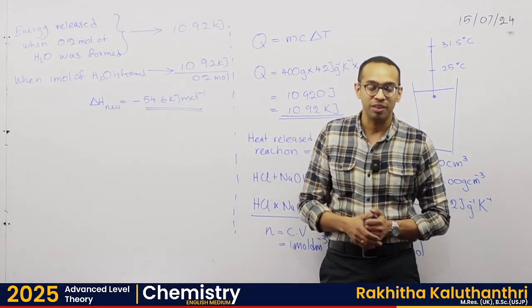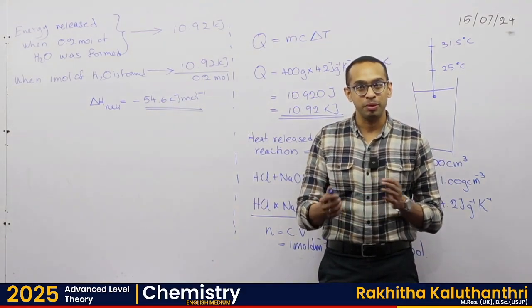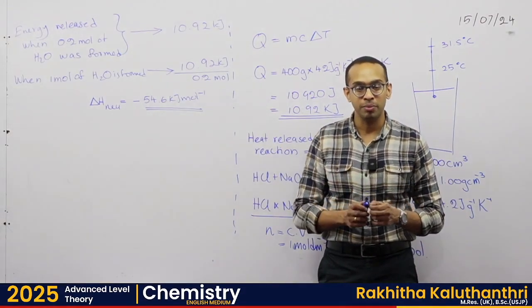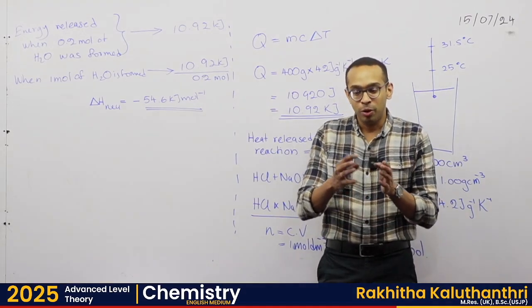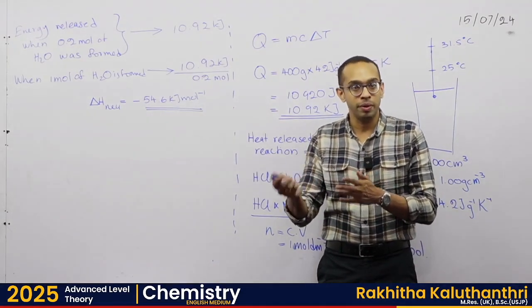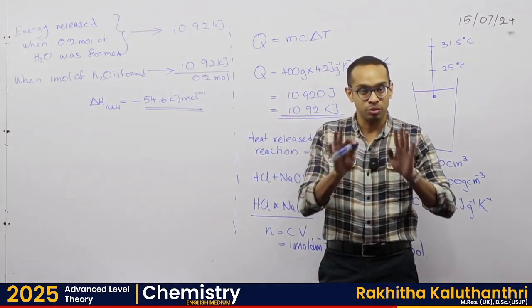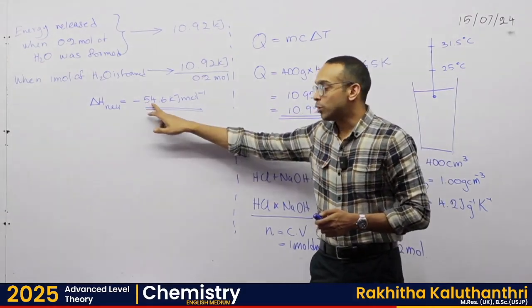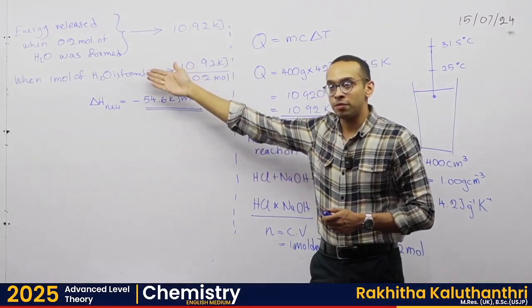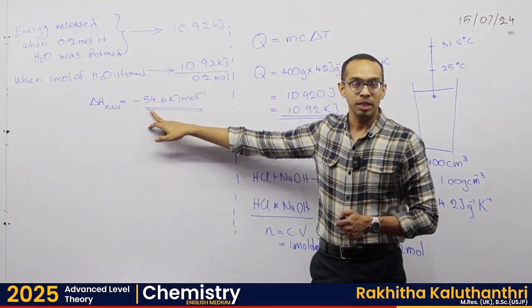You are right to say that, but greater could also be interpreted as the amount of energy released being greater. So I know it is mathematically sound to say minus 50 is greater than minus 54, okay?